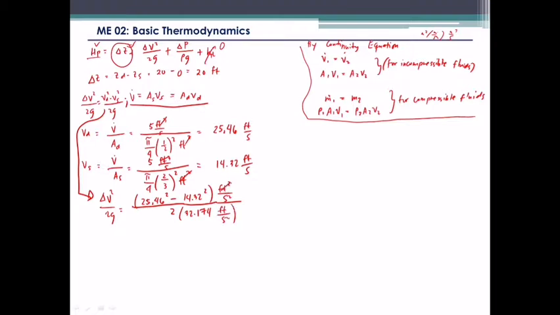The feet per second squared cancel, so the unit is in feet. This is 6.89 feet.